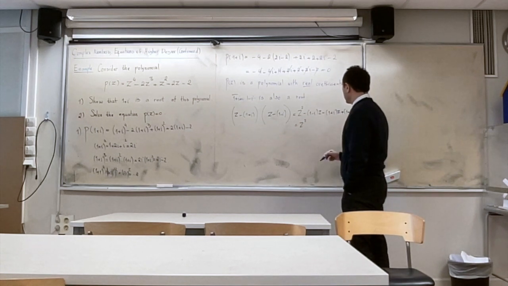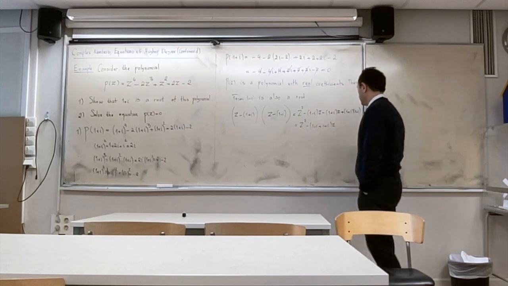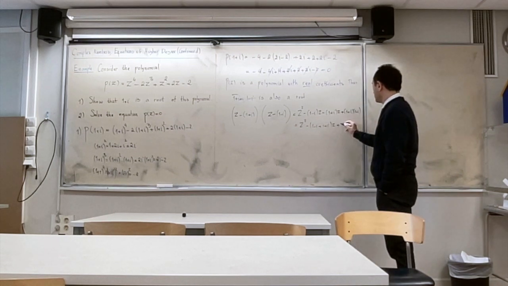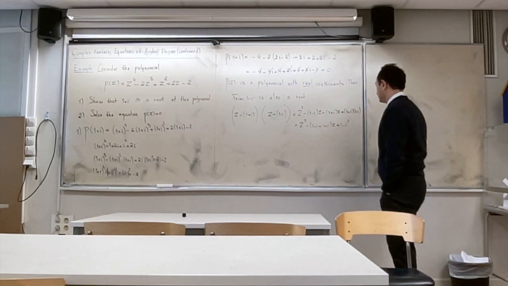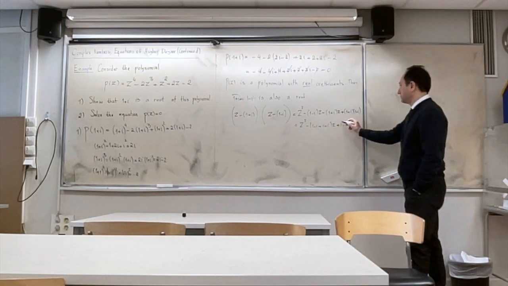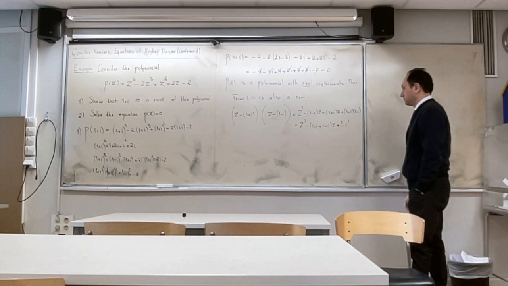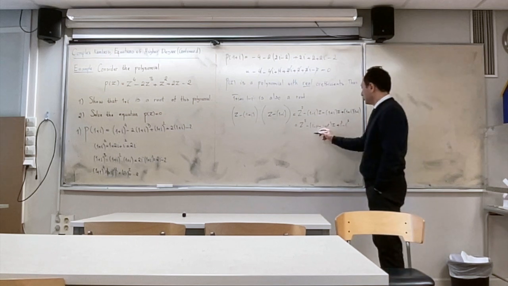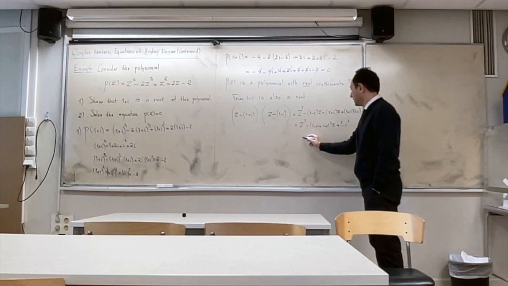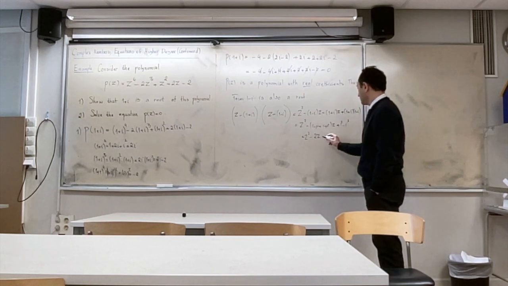Between these two, I factor a minus z out. 1 minus i is left from here, 1 plus i is left from there. And here, this is the conjugate rule. If you want, let me write 1 squared minus i squared. But then i and i are gone. This becomes 2, so it becomes z squared minus 2z, and this also becomes 2.